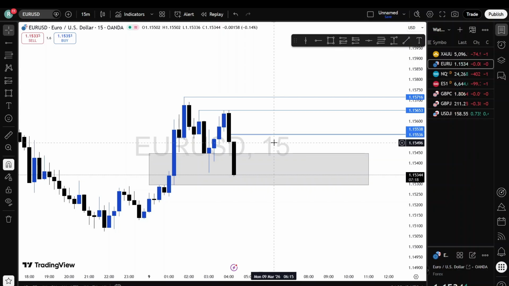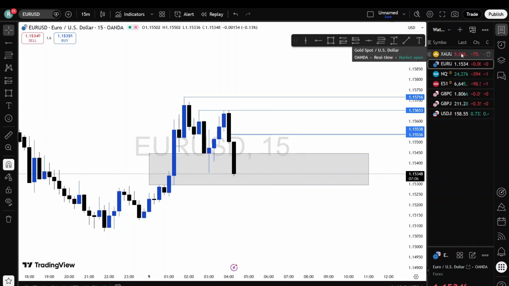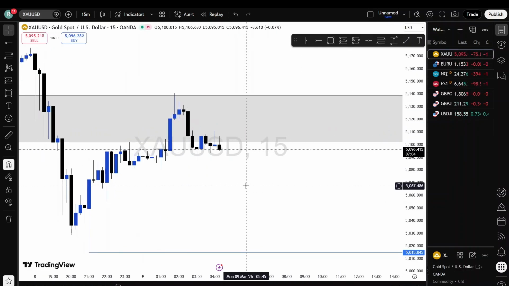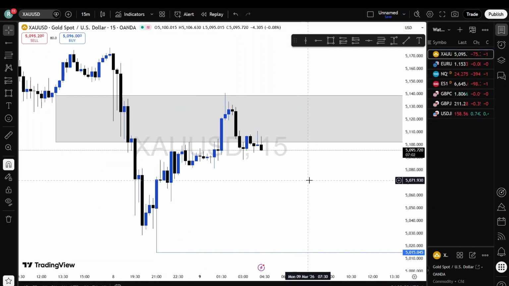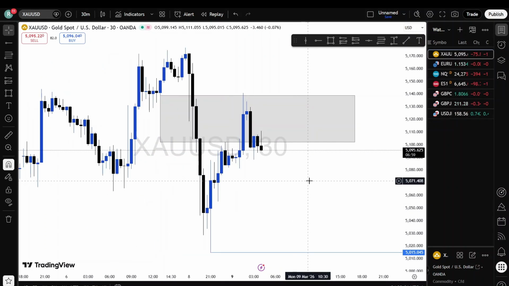Because 1 hour is still on the bullish side. In gold, same thing. It's not giving that much movement like it was giving on Friday by this time.